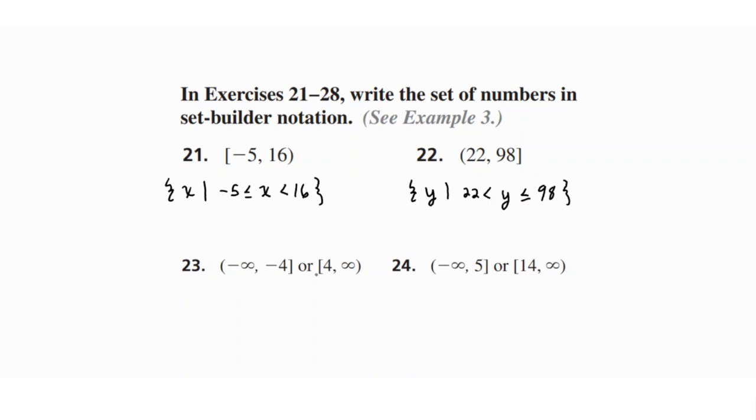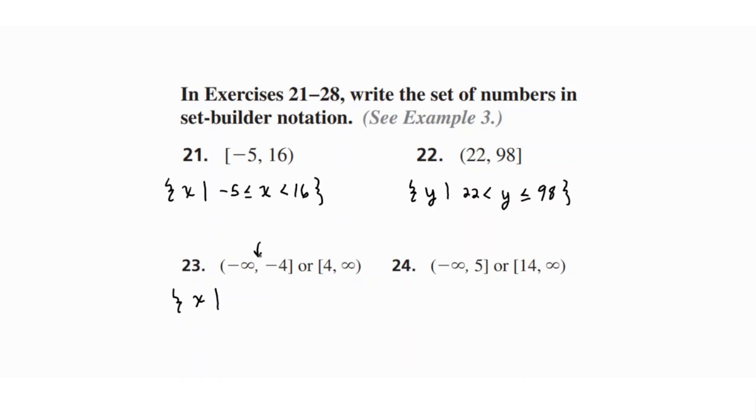All right, so now if we look at 23, we're going from -infinity to -4, hard bracket, meaning we're including it, or +4 to infinity. So how would we represent that? Well, let's go back to x. So we would say x, all x, such that, in this case x would be less than or equal to -4.